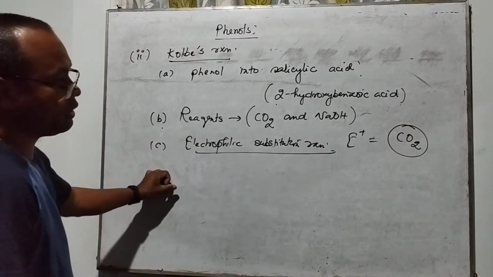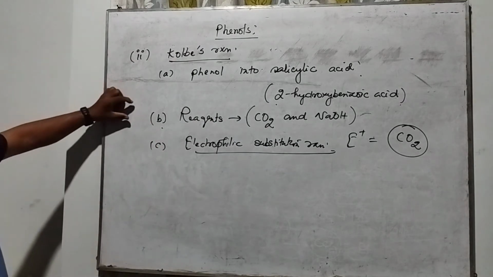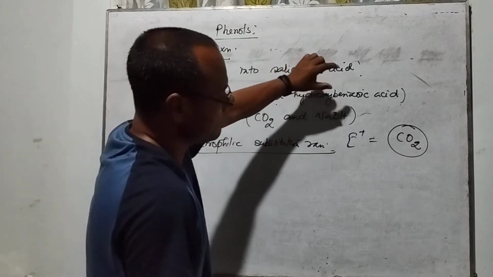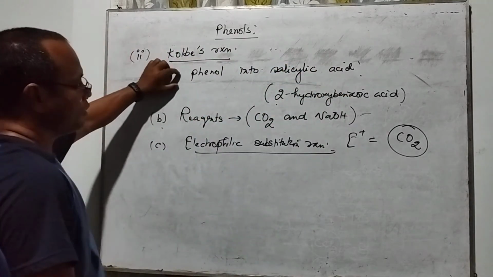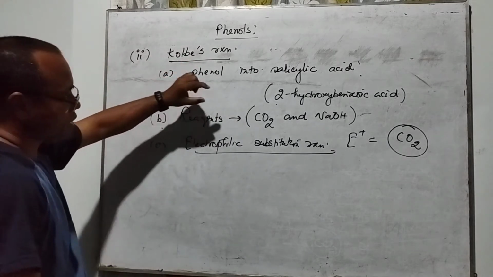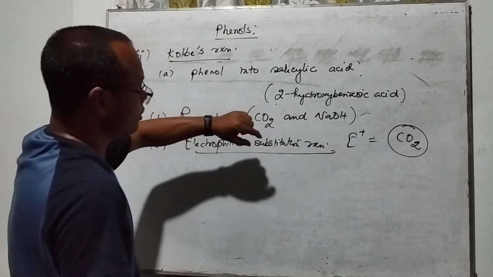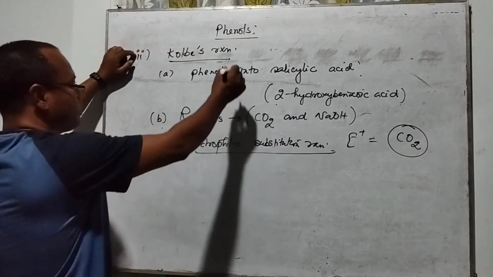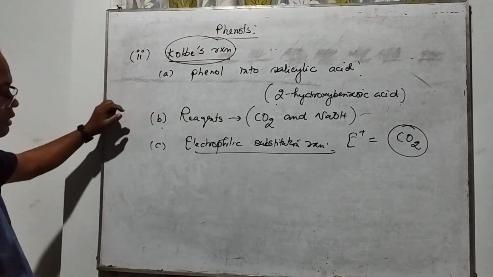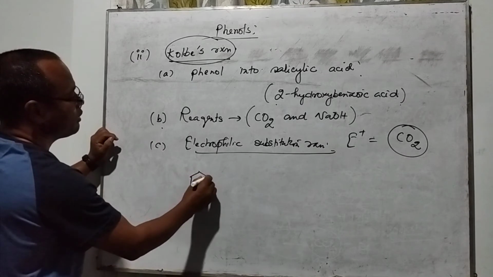Don't forget. The product formed is 2-hydroxybenzoic acid, so phenol is converted into salicylic acid in the presence of carbon dioxide and sodium hydroxide. That is the Kolbe reaction. Now, how is the reaction written?